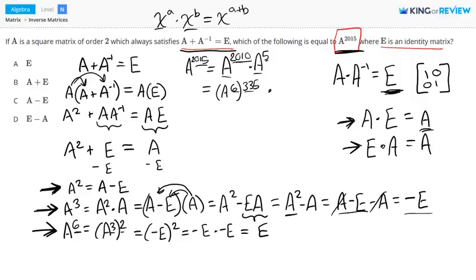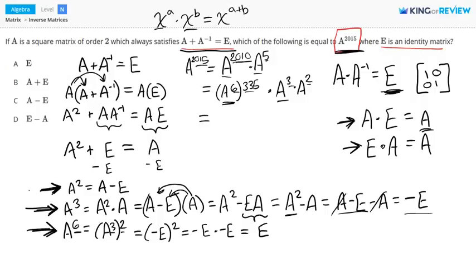And then A to the power of 5, this can be rewritten as A cubed times A to the power of 2, because 3 plus 2 gives us the 5. So now you see we have A to the power of 6 and A cubed, and we know what those values are here.